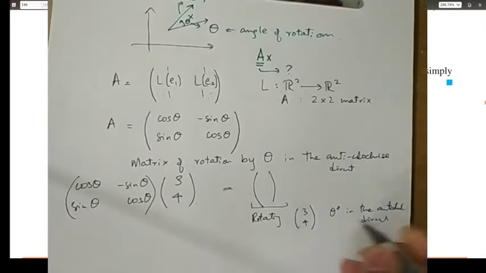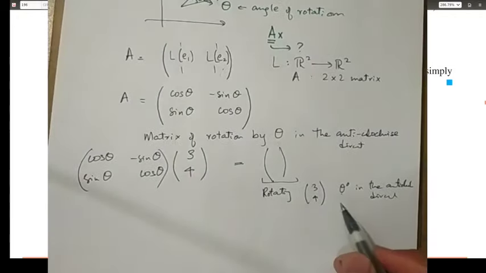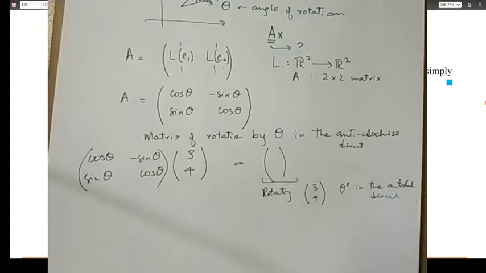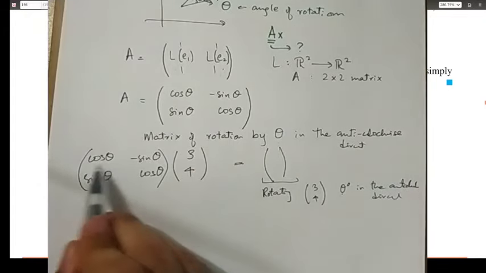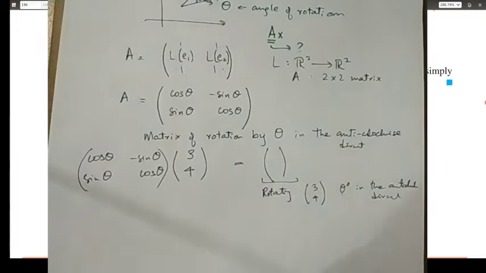Of course, theta can be in radians or in degrees, as long as you take the correct trigonometric ratio for degrees or for radians.